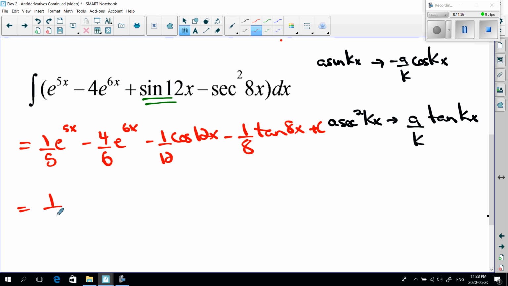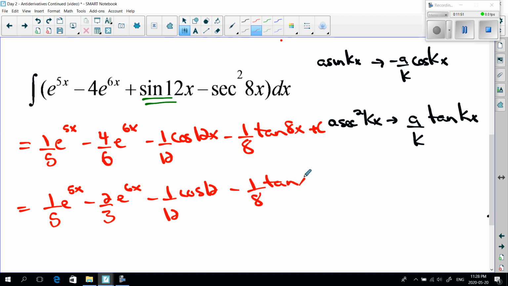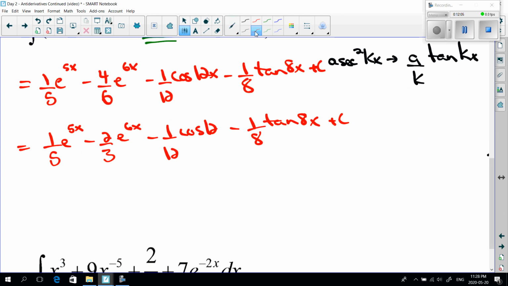And I'll clean this up: 1/5 e to the 5x minus 2/3 e to the 6x minus 1/12 cos 12x minus 1/8 tangent 8x plus c. Now, remember, if you do the derivative of this line, you should get this line. So if I did the derivative of this, this would be 1/5 times e to the 5x times 5.